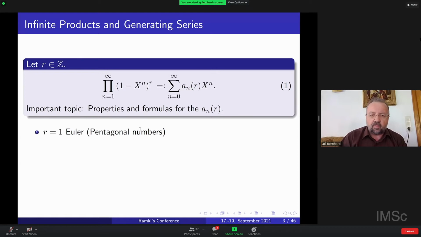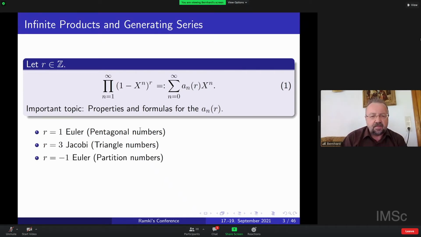It's well known, of course, that when r is equal to 1, we have this famous formula involving the pentagonal numbers on the right side. When r is equal to 3, Jacobi, the triangular numbers. When r is equal to -1, that means when we have (1 minus x to the n) in the denominator, the coefficients turn out to be the famous partition numbers.